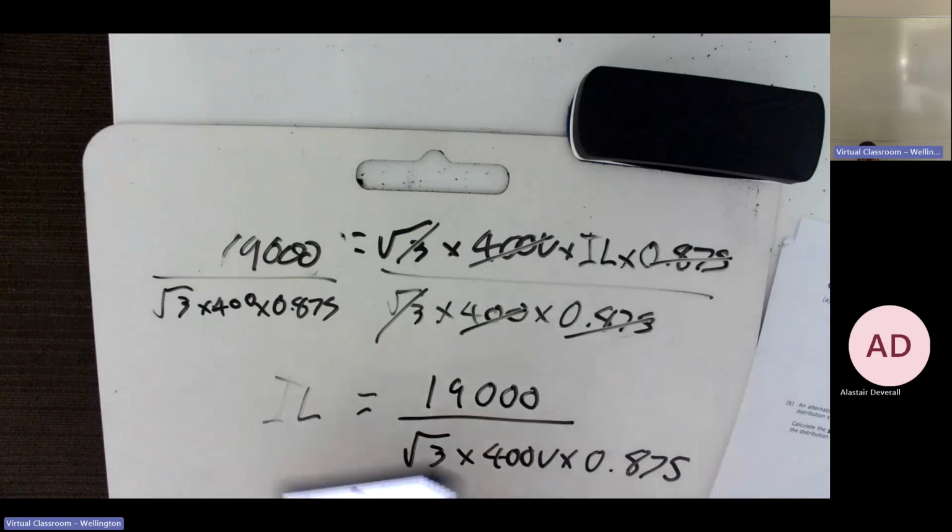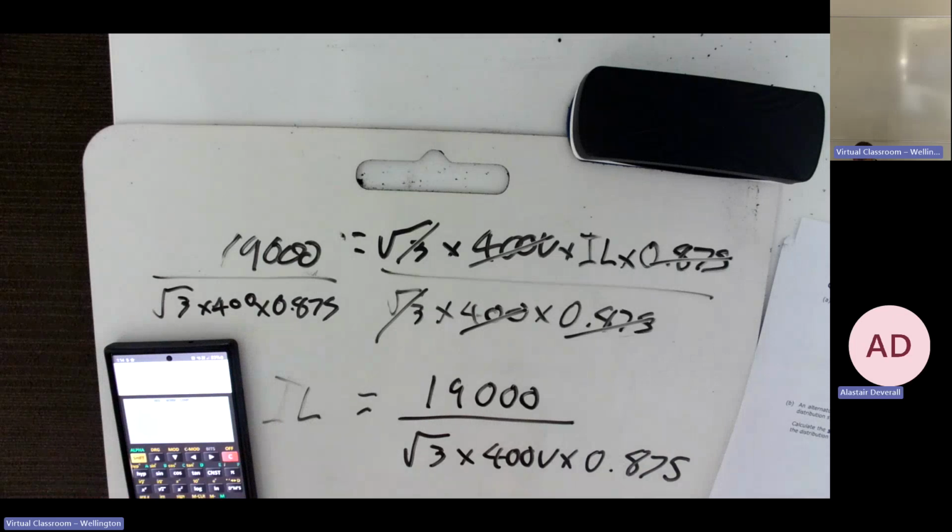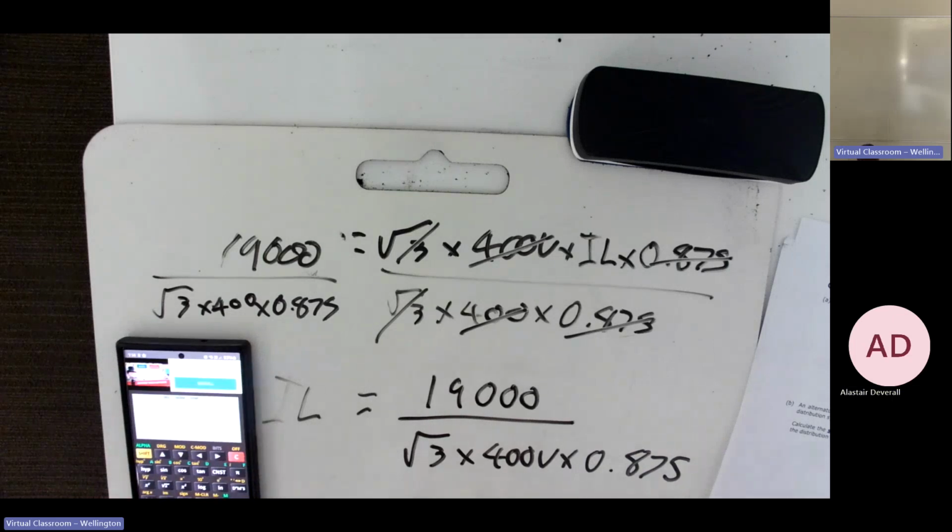Calculator. My phone. So we have square root of 3 times 400 times 0.875. I'm doing the bottom first because that's technically in a bracket.